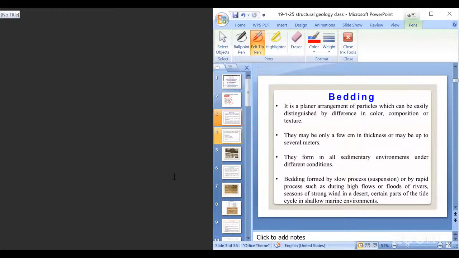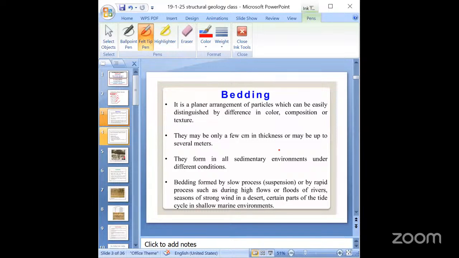These sedimentary rocks are generally layered because of the deposition of similar or dissimilar color, grain size or mineral composition, sediments one over another in a basin. These individual layers of the sedimentary rock are called beds.